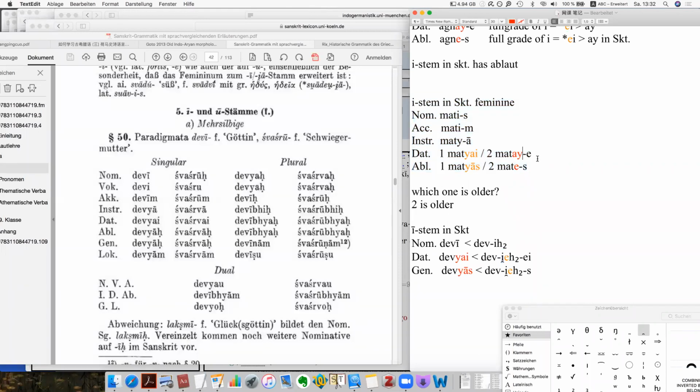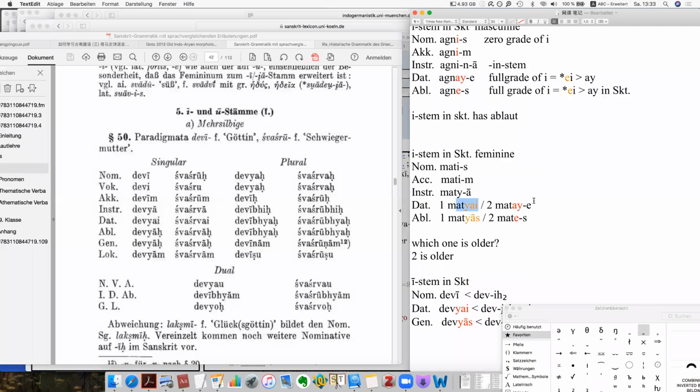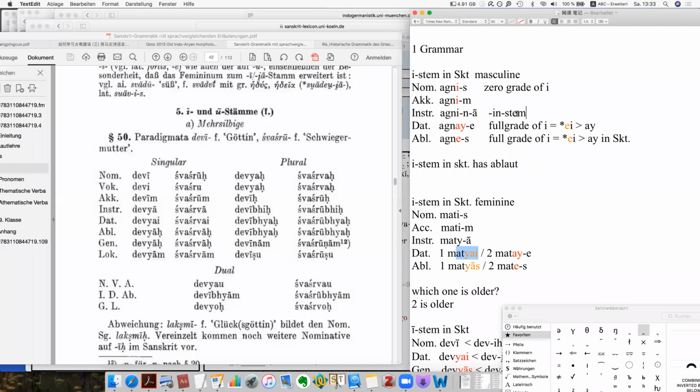Why do we have two forms? This one is older. This is the older E stem, and this one is actually borrowed from the E stem. Okay, and now let's turn back to this form. This form is really weird, right? It's really strange. It is actually not an E stem. It is a yin stem, a nasal stem.